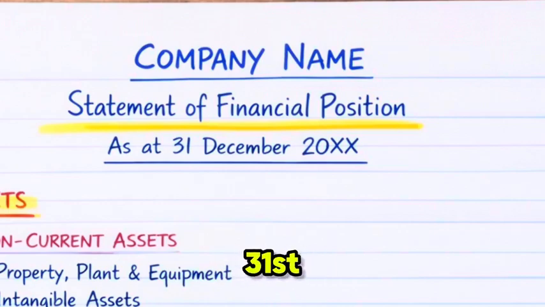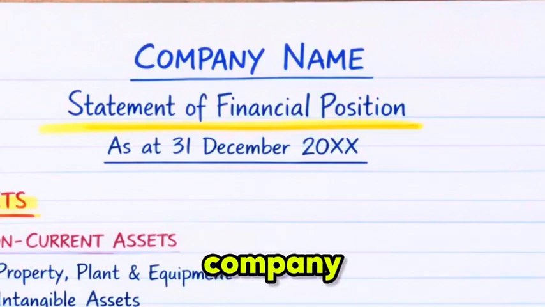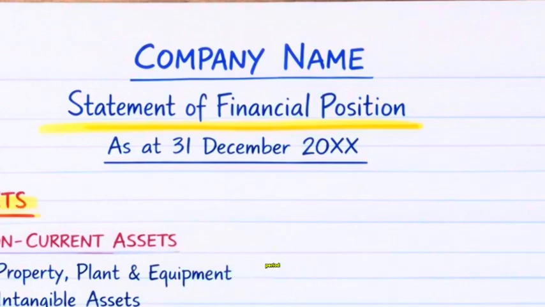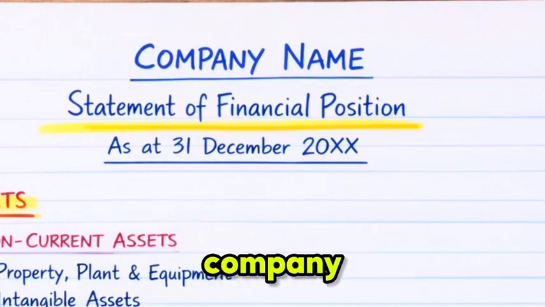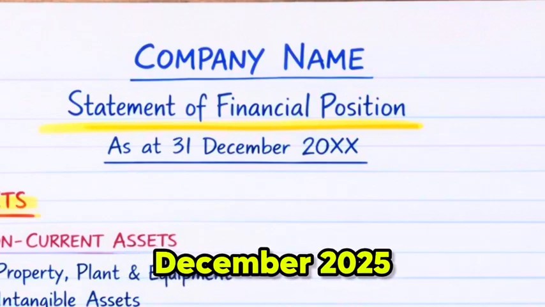It might not be 31st, depending on the end of the period for that company. For this illustration, let's agree that it is 31st December 2025. It means you write the company name and then you write statement of financial position as at 31st December 2025.